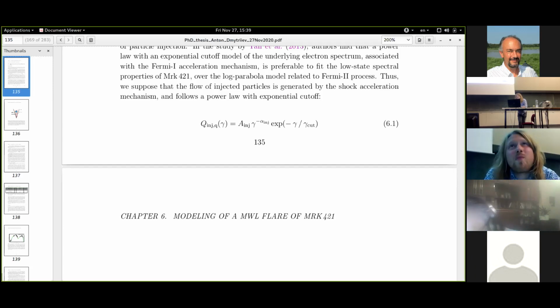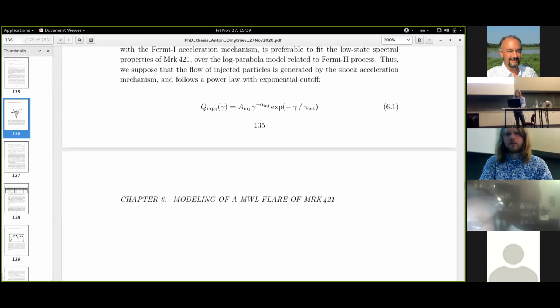Next problem. Your shock wave will be ultra-relativistic because the Doppler factor of the bubble is very high. Acceleration of electrons at an ultra-relativistic shock wave is a rather complicated problem. For the future, I would like you to pay attention to this situation.